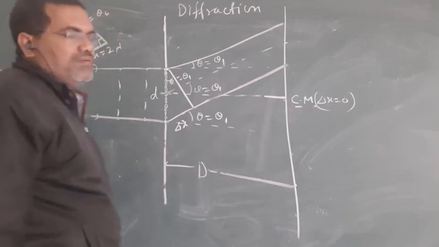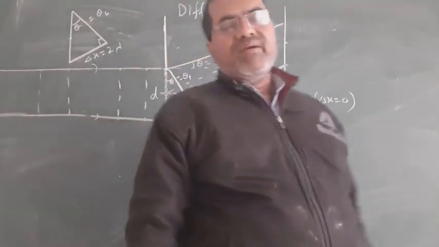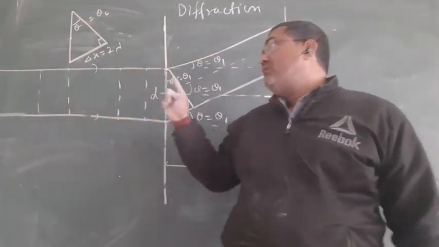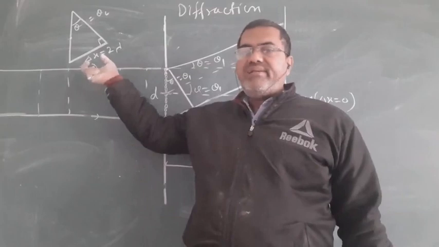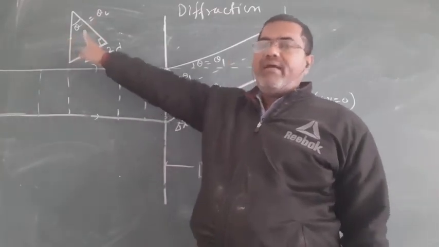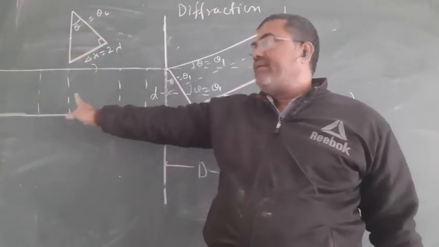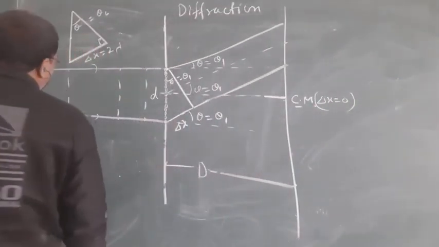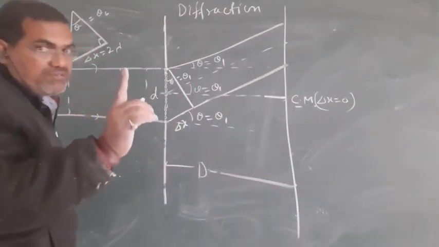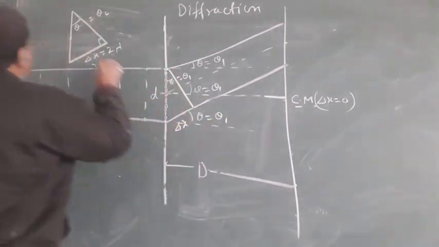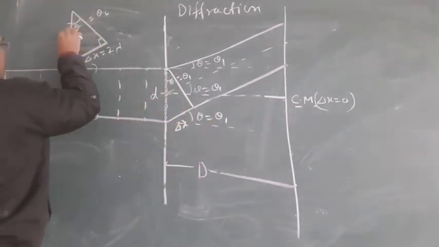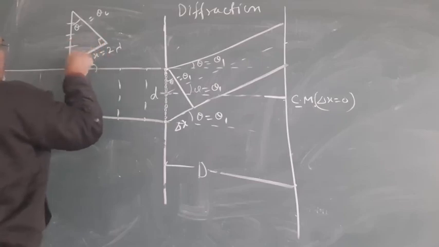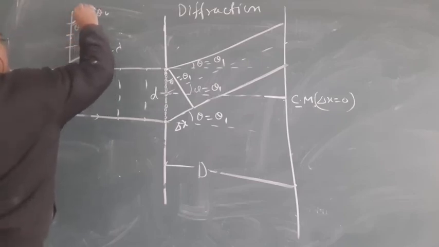Say, if the diffraction angle becomes theta 2 and the corresponding path difference between the top particle and the bottommost particle is 2 lambda, then the slit can be divided into 4 equal parts of lambda by 2. Say this one lambda by 2, lambda by 2, lambda by 2 and lambda by 2.